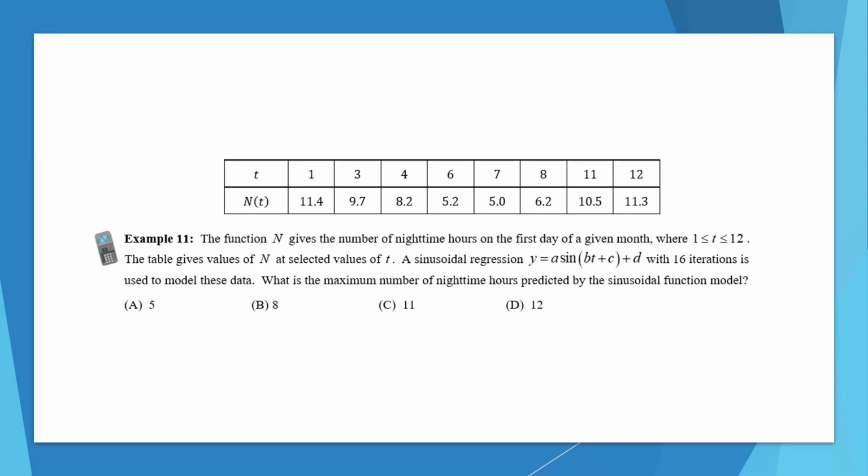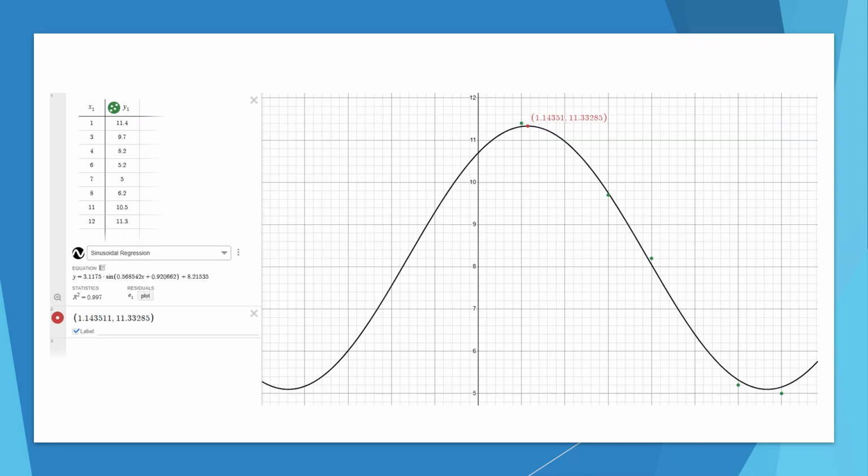So we'll try example 11. Here, the function n gives the number of nighttime hours of the first day on a given month. What is the maximum number here? So taking a look here, we have 5, 8, 11, and 12 as our option choices. In Desmos, I would plug in all your numbers. I know it's tedious.